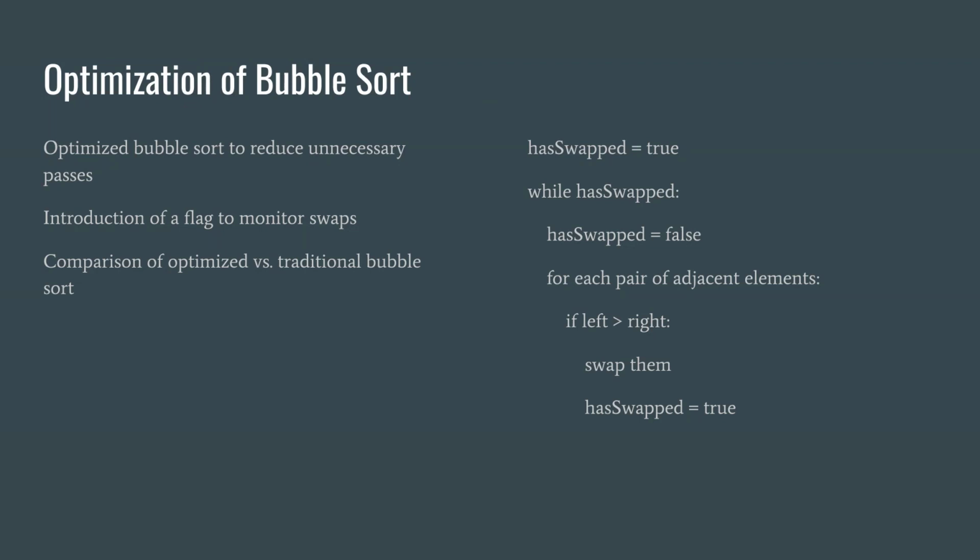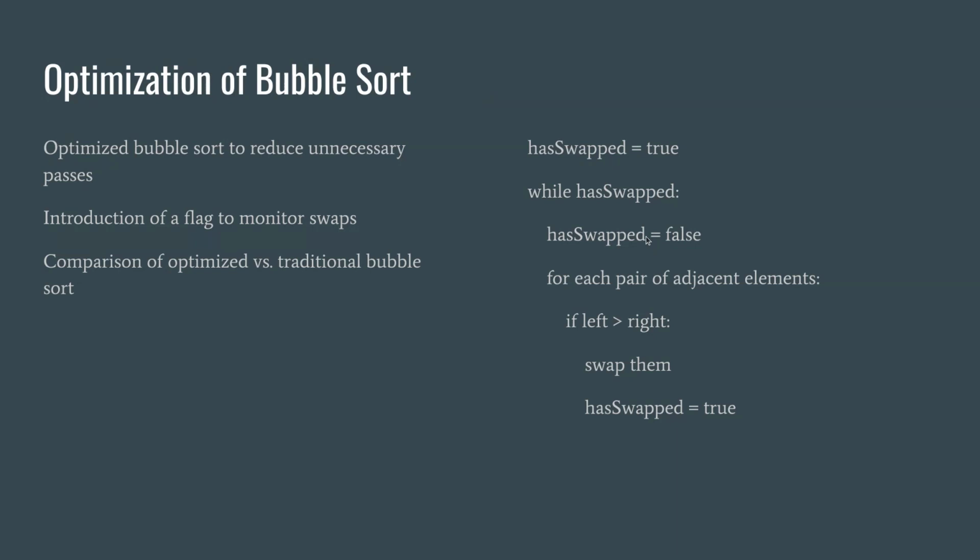In order to address this inefficiency, you can introduce a Boolean flag to your algorithm named hasSwapped. What hasSwapped does is it monitors the activity in each pass.